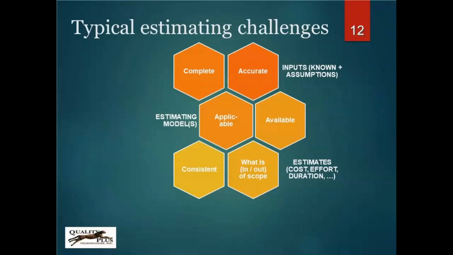And when we look at our estimates, our cost, our effort, and our duration, are they consistent with what's happened in the past? Are they based on this idea that it's going to be the perfect project, that everything is going to go well? And we need to be able to very clearly articulate what is in scope and what is out of scope, because that really changes our entire estimating process.